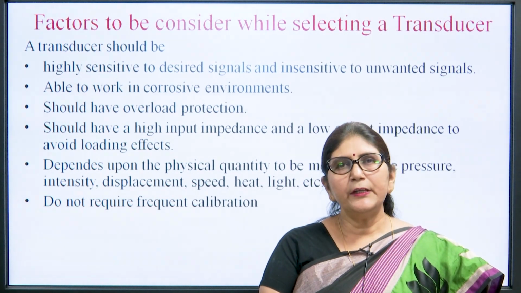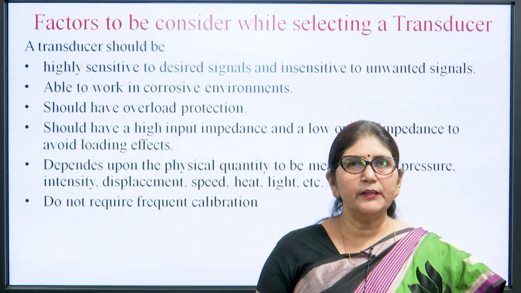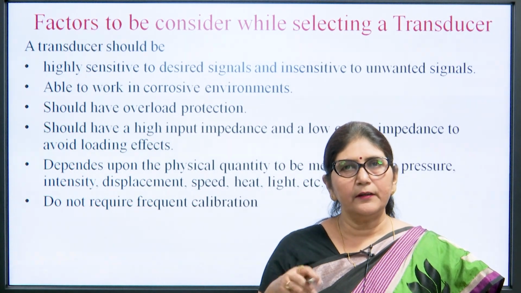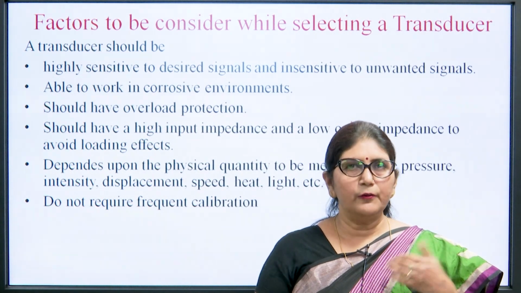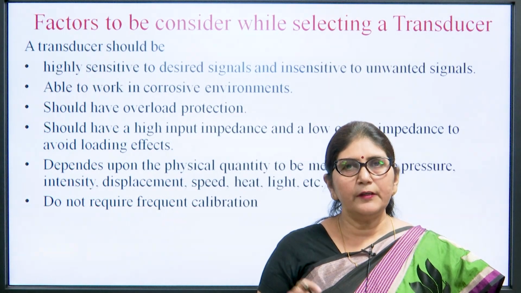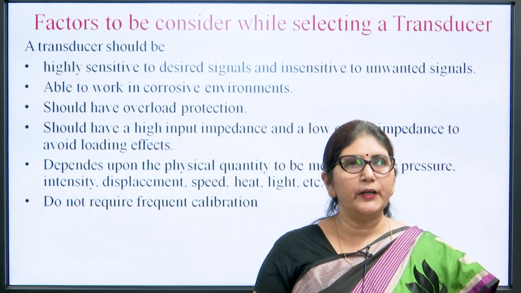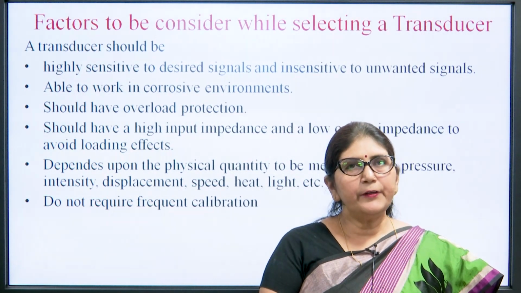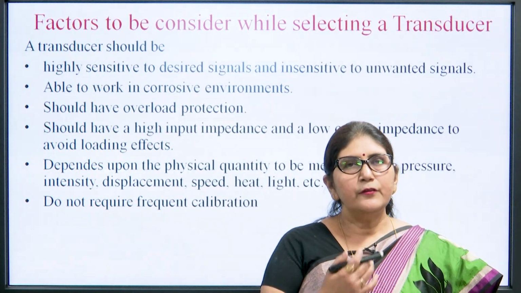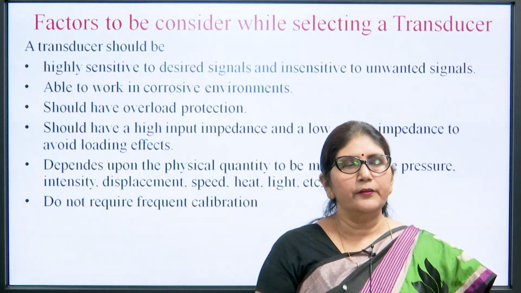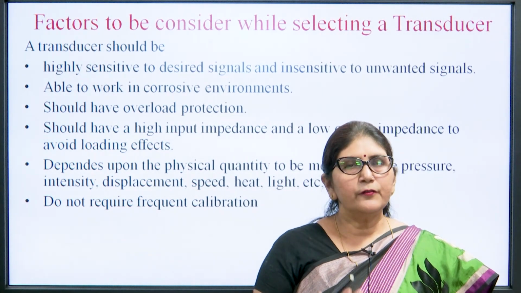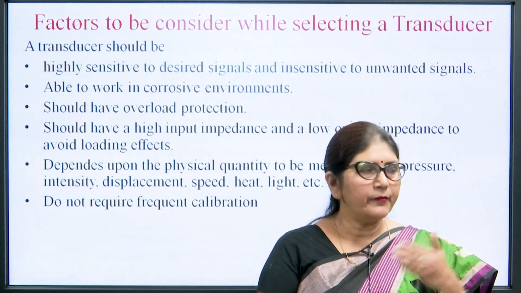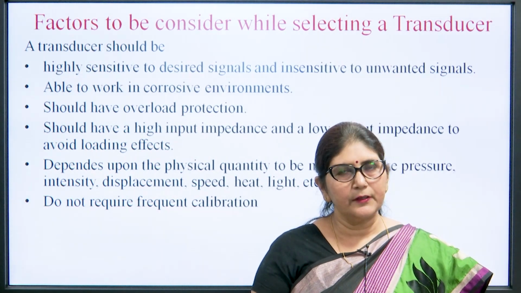We need high input impedance for any voltage amplifier or any device so that it does not load the other device, because if we connect the transducer to a device with low input impedance, it will draw more current from the previous circuit. More current means it has a loading effect on the previous circuit.